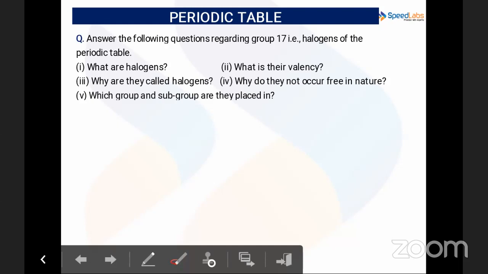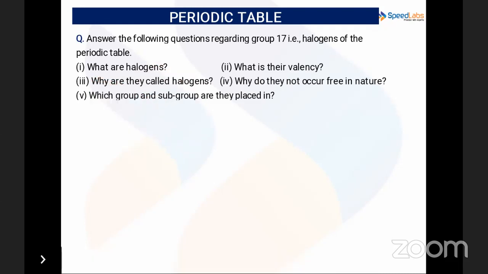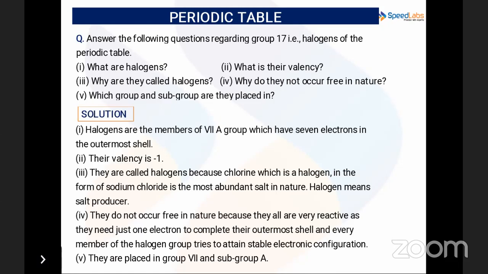Now, first we try to understand what halogens are. I have written here that halogens are the members of group 7A, with 7 electrons in the outermost shell. So group 17 elements are called halogens.